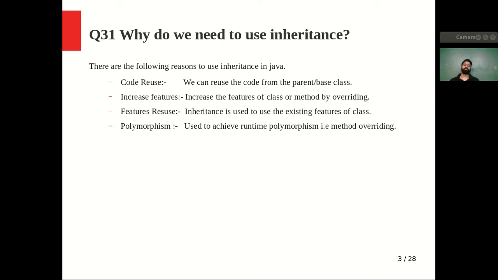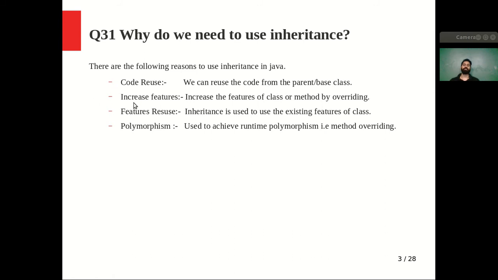If we are using inheritance, then we can reuse the code from our parent or base class. As we have already discussed in the definition of inheritance, it is a process of creating a new class by acquiring the properties of the parent class, right? So here you can say we can reuse the code of the parent class inside our child class. This is the first point for why we need to use inheritance.